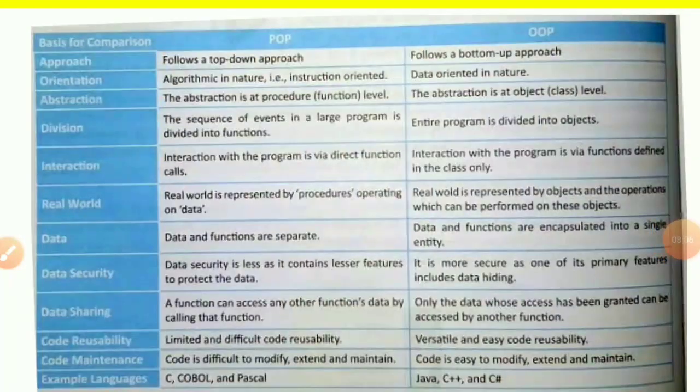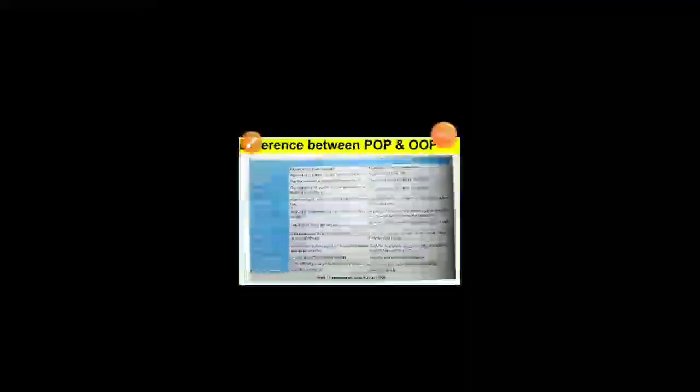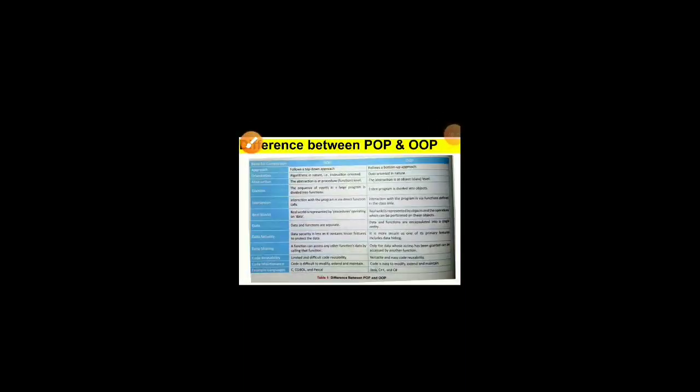The next point, code is difficult to modify, extend and maintain in POP. This is because all the functions and data are intermingled. We don't know which data is supposed to be modified by which function. This becomes a problem, and because of this it is difficult to maintain, extend or modify the code.